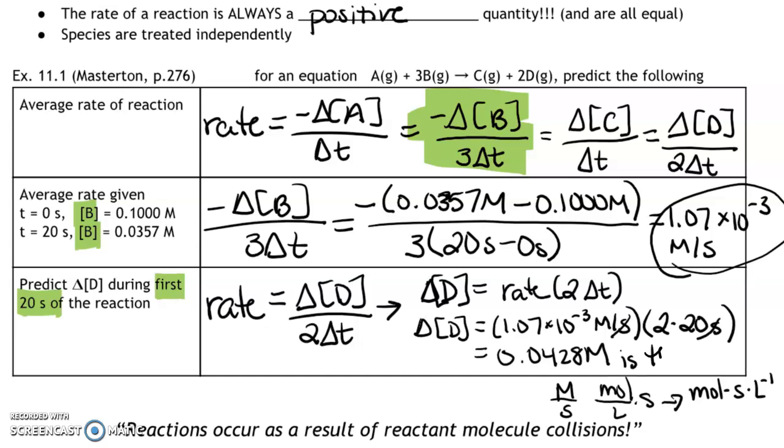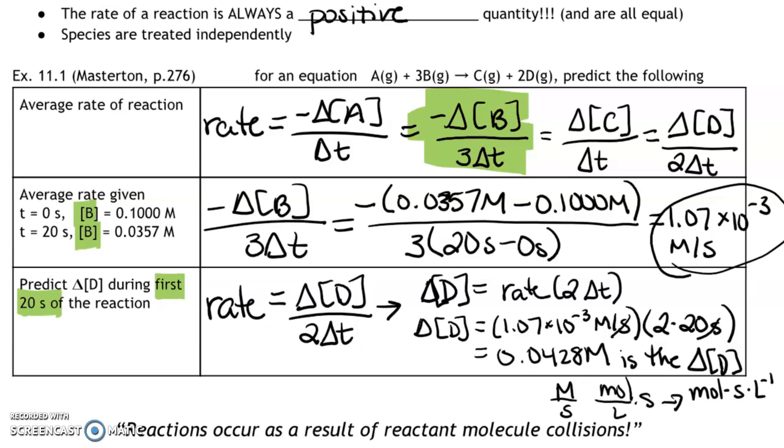Again, this value is the change in the concentration of D. But because the concentration of D at time 0 is 0, then 20 seconds later, the concentration is 0.0428 molar.